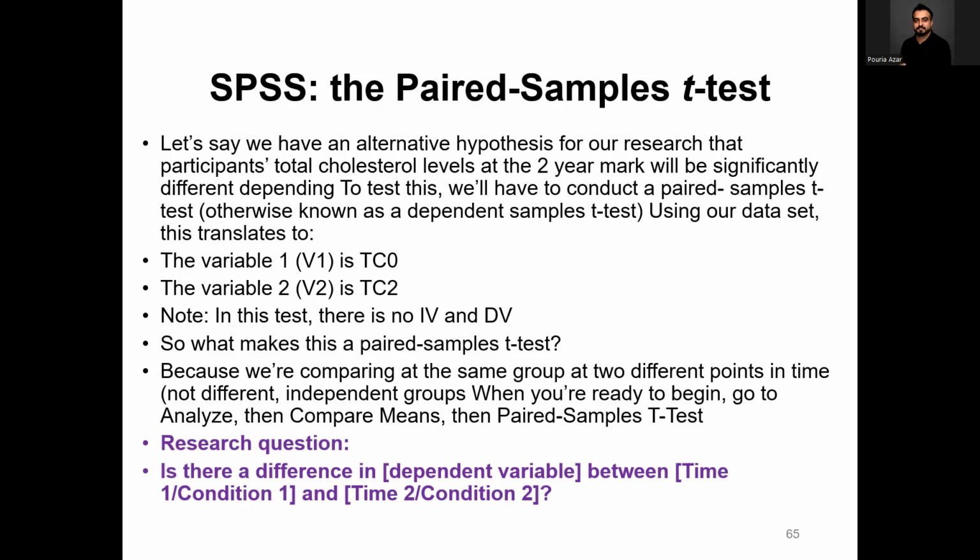In the paired sample t-test, I have a dependent variable, but I don't have an independent variable. So variable one is total cholesterol at baseline, and variable two is total cholesterol at the 6 months mark. And I'm just going to compare the mean of the total cholesterol between these two time points.